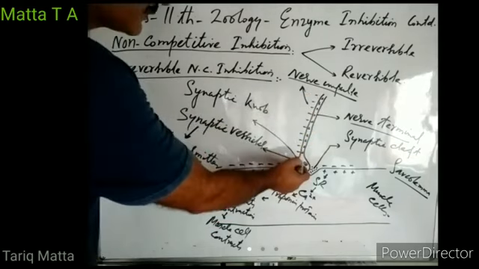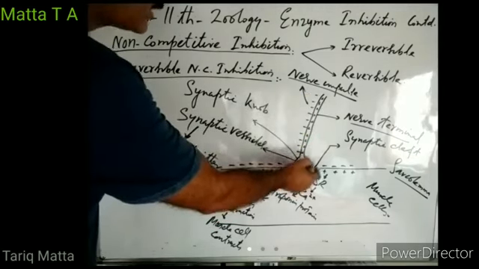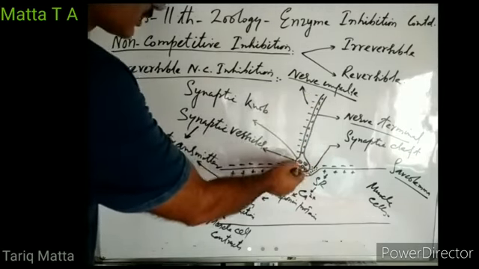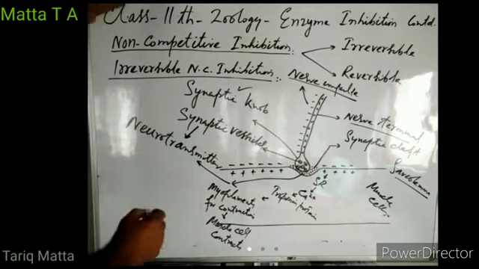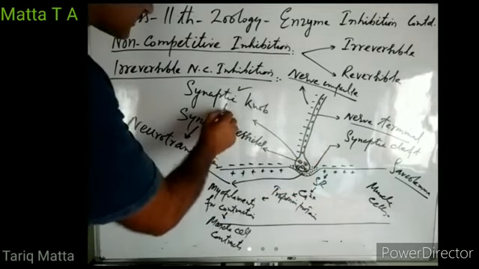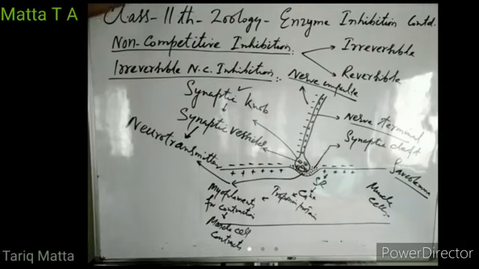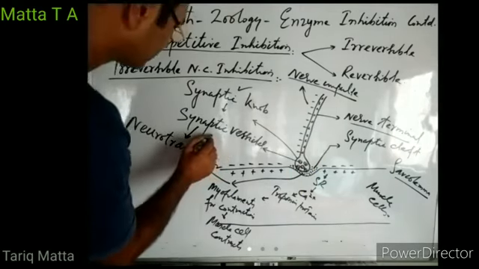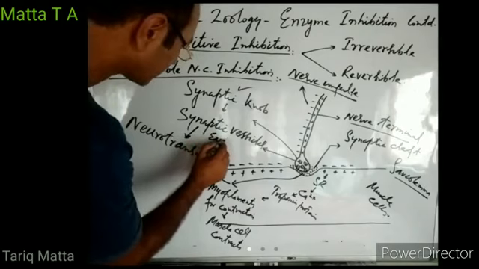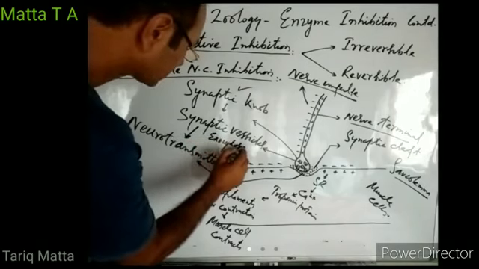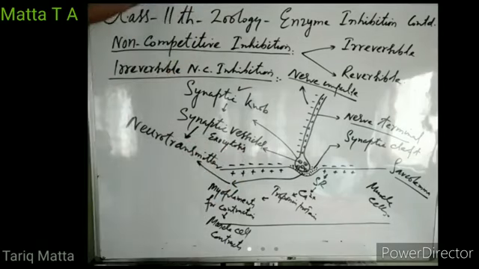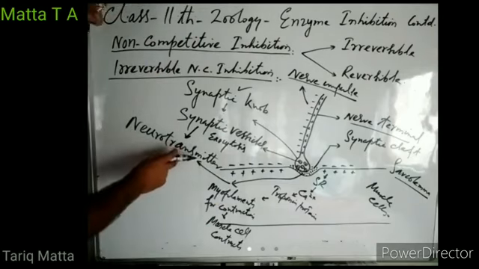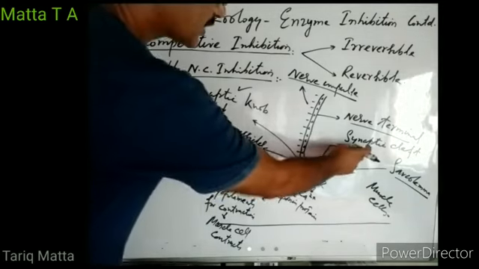When this wave reaches the synaptic knob, it stimulates the synaptic vesicles to go for exocytosis. They release neurotransmitters in this synaptic cleft.